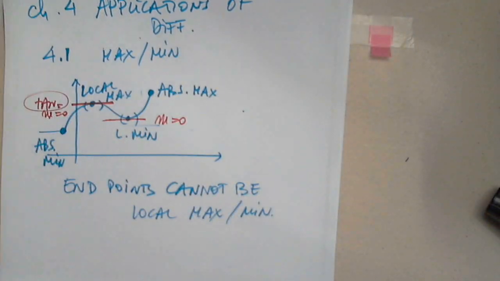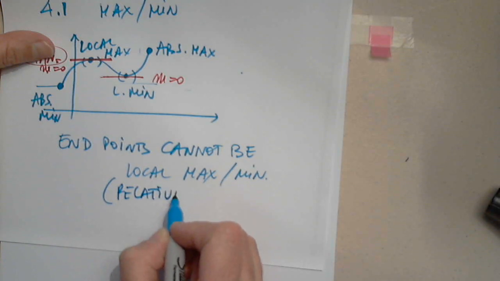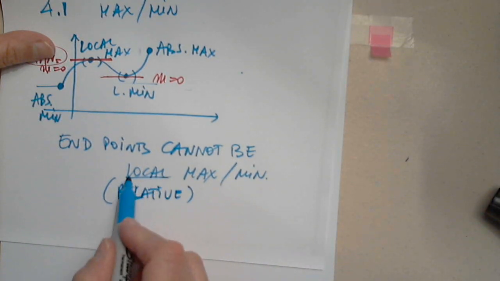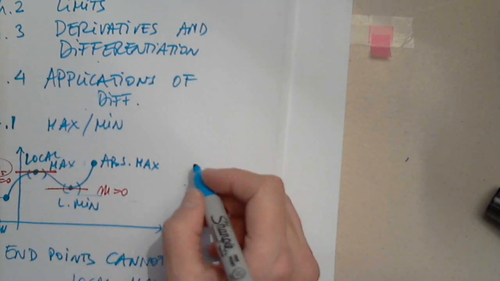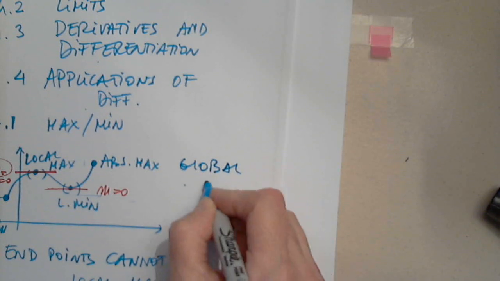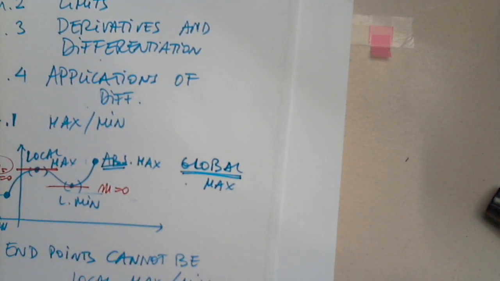We use local or relative interchangeably. They mean the same thing. We use absolute max or global max. So absolute and global mean the same thing.